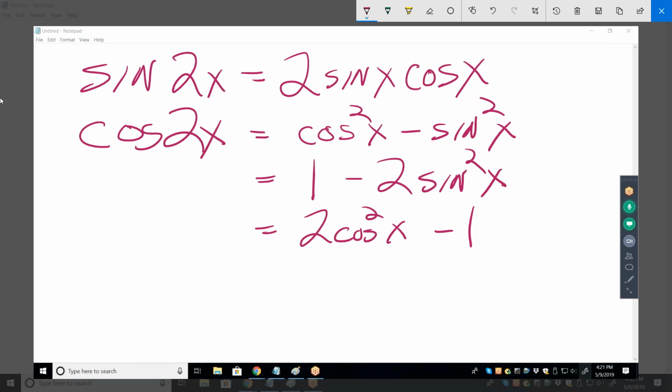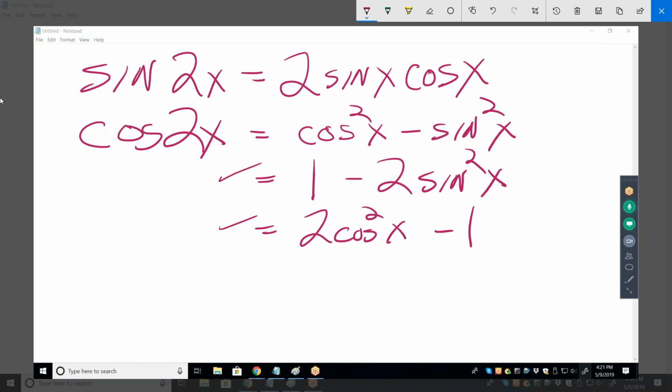And the reason there's 3 of them is sometimes you need to convert cosine of 2x into all sines, which you would use this one. Sometimes you need to convert it into all cosines, in which case you would use that one.